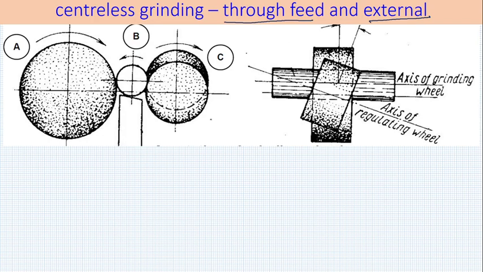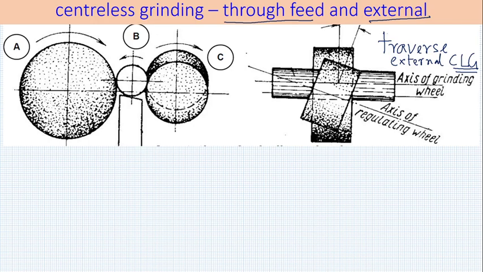The kinematics of this process is such that if someone is a purist and would like to call it traverse external centerless grinding, I would not be able to say you are wrong. But we do not use this terminology; we use through feed grinding.